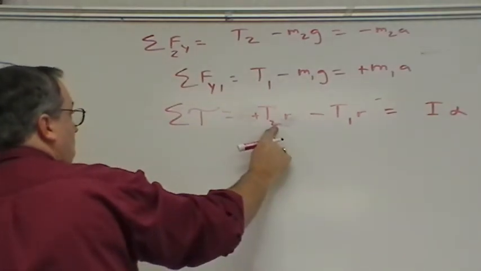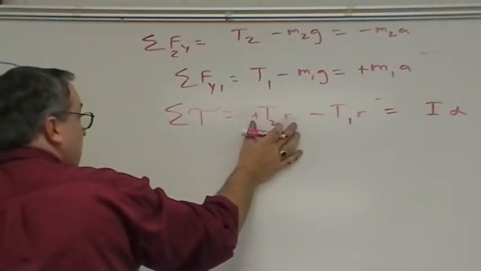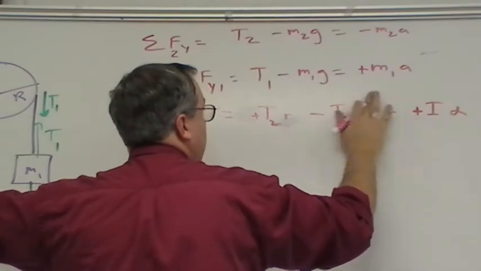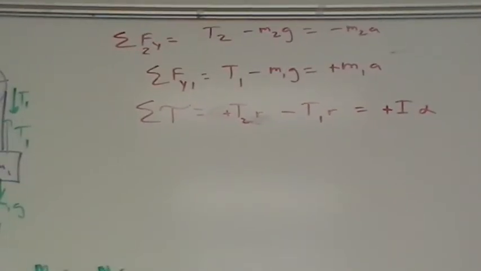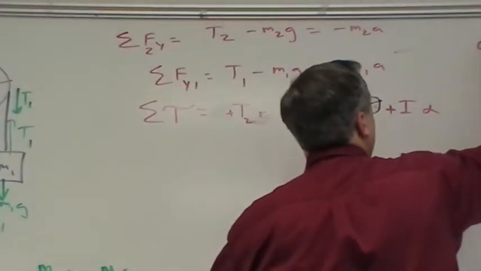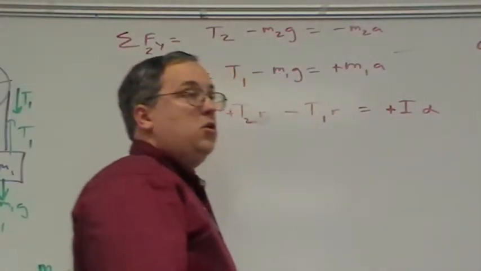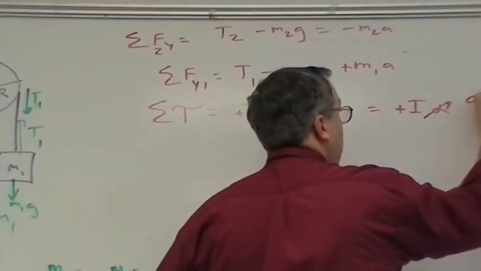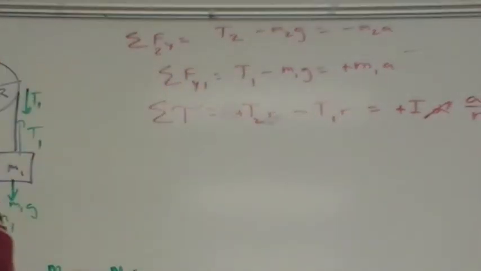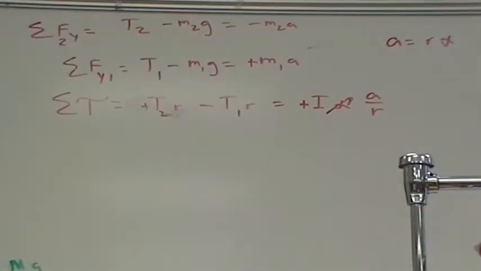The dominant torque is positive, so that would be positive. Okay. Is that it, guys? Does that match with what you put? From this point forward, you throw in a little A equals R alpha to get alpha in terms of A, and it's just algebra. That's all you have left.